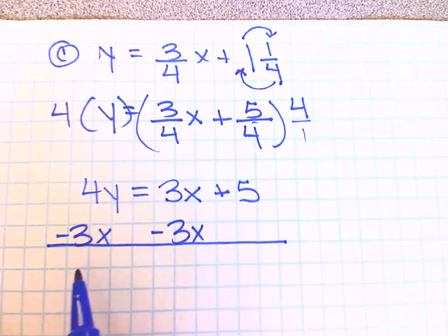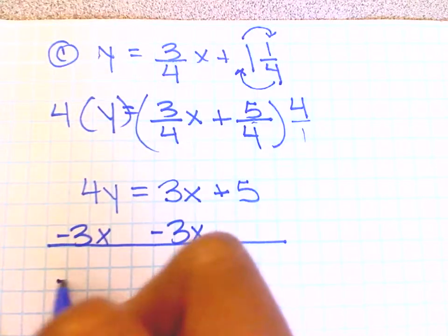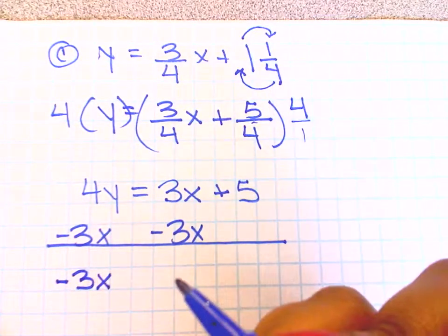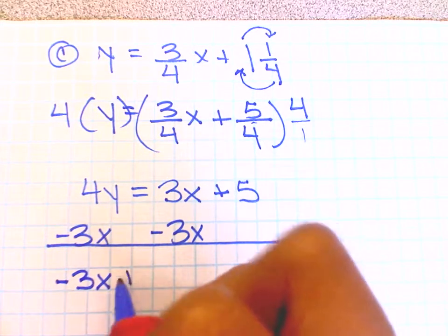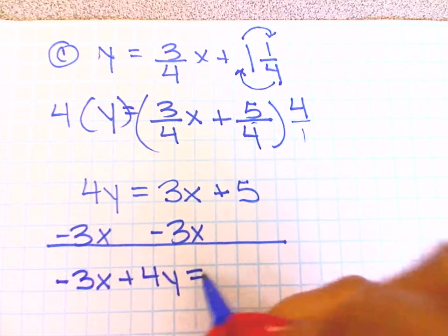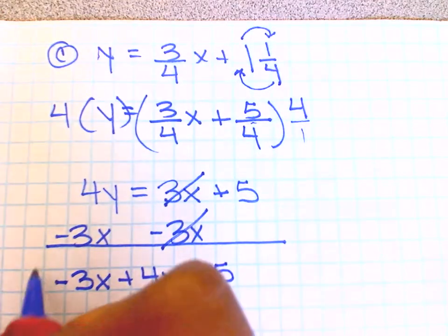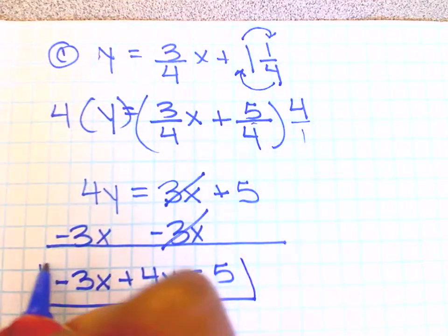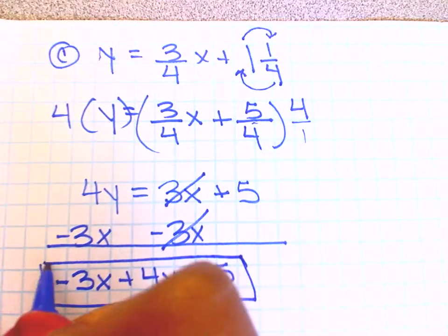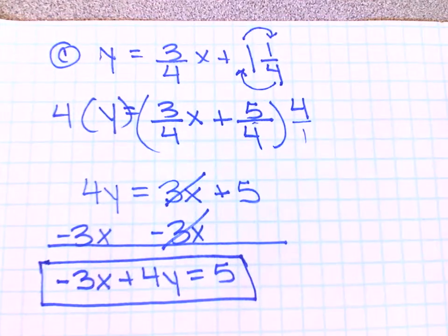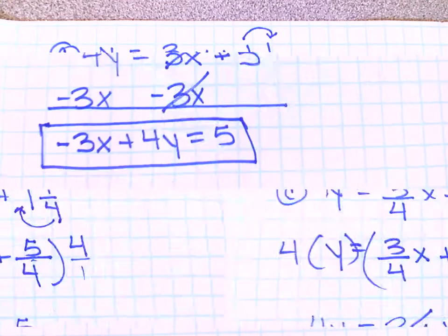Remember, that negative stays attached to that 3x. Mr. Martin, are you taking notes? Minus 3x plus 4y equals, 3x minus 3x cancel out, 5. So now my equation's in standard form, Ax plus By equals C. Thank you, Alex.